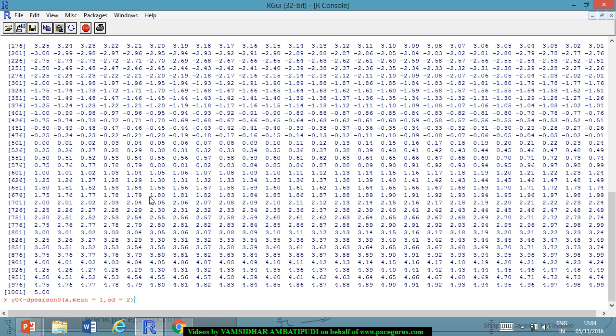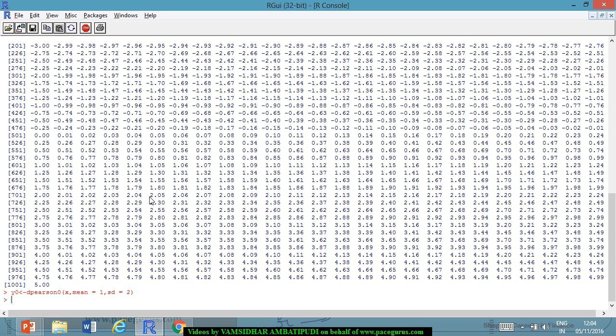You can give different kinds of means, different kinds of standard deviation. So this is what has become your y naught. You are getting different y naught values for the different values of x. Directly it is taking those observations, and based on the mean of 1 and standard deviation of 2, it is creating corresponding y naught values.